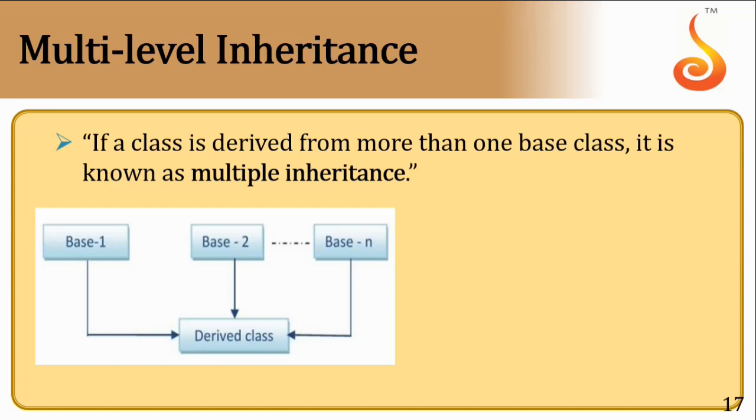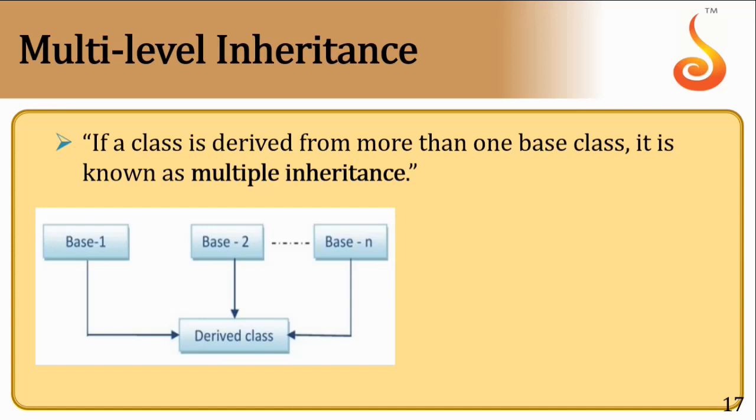So that is multiple inheritance, wherein you have more than one base class and the base classes are not related to one another in any way. So base 1, base 2, base n are different base classes. If you are deriving one derived class from all of them, a derived class having more than one base class is called multiple inheritance.